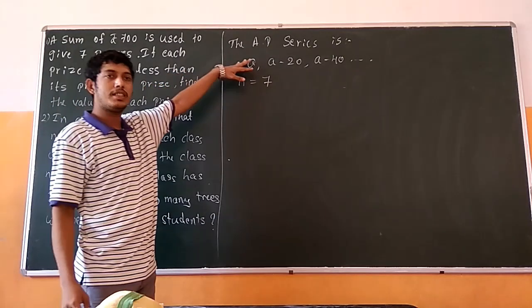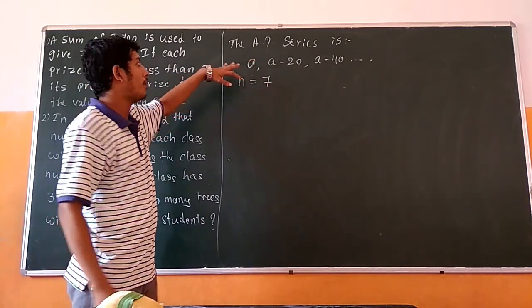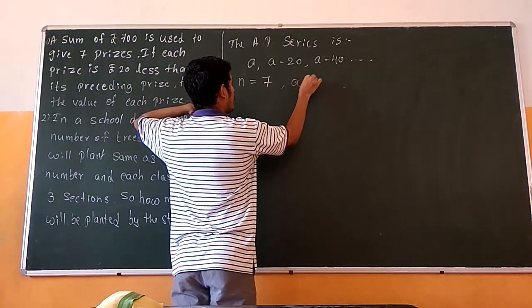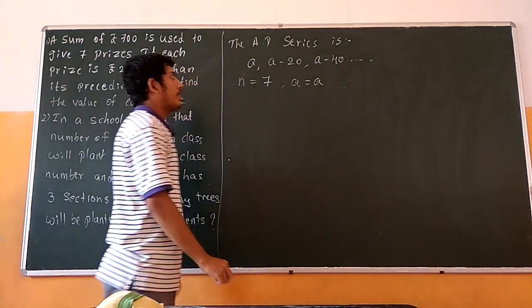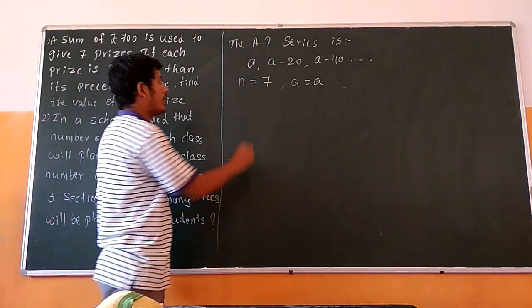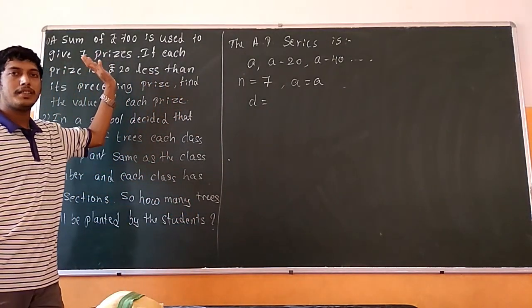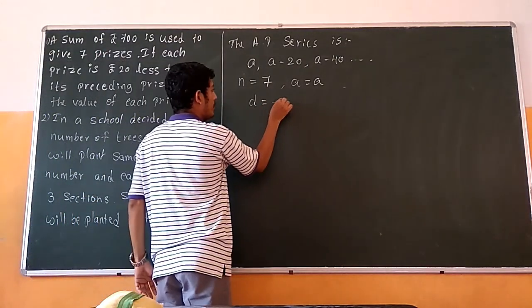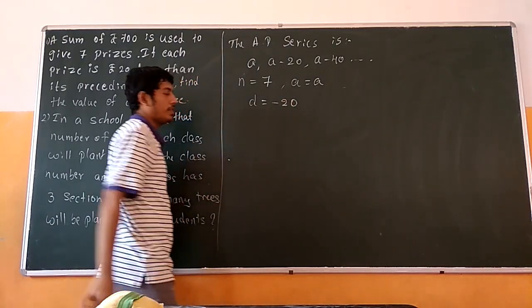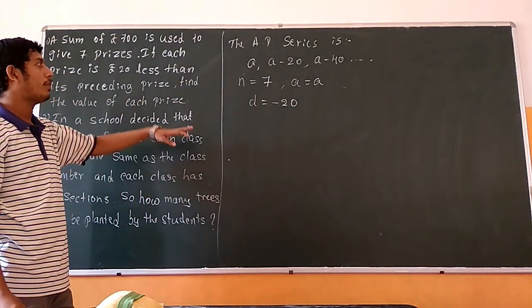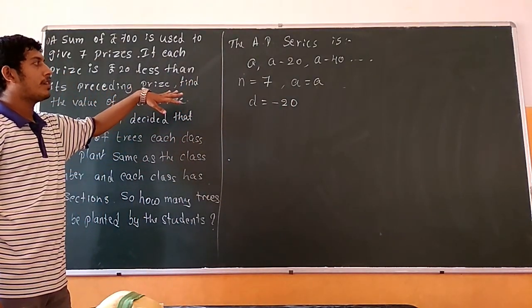And by using this arithmetic progression series, we have the first term as A. Then the common difference D is equal to, the difference between each prize is 20, so therefore it becomes minus 20 rupees.